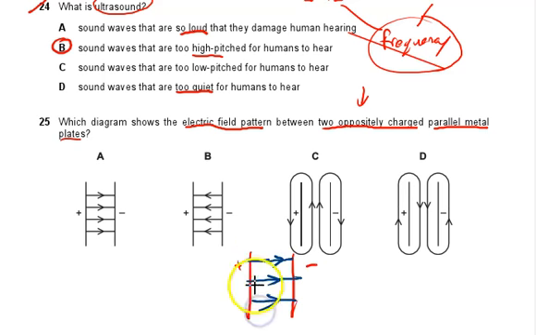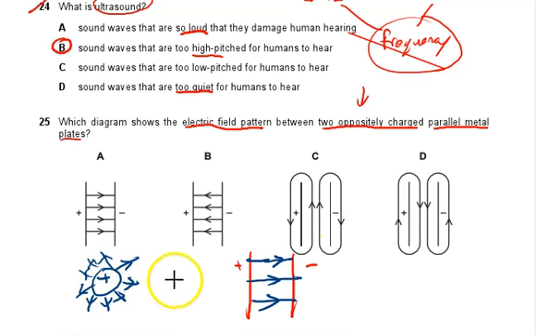The arrow should be like this. If it's a circle, it should be going all the way around with the arrows going out of the sphere. Okay, so this is the pattern. If it's negative, the arrows come toward the sphere. So your answer here is A.